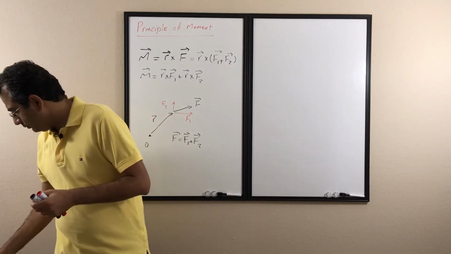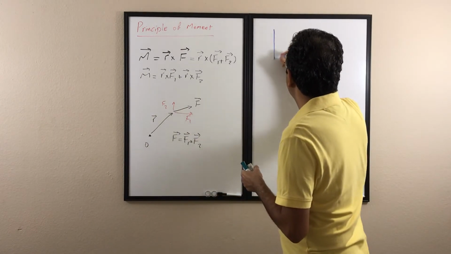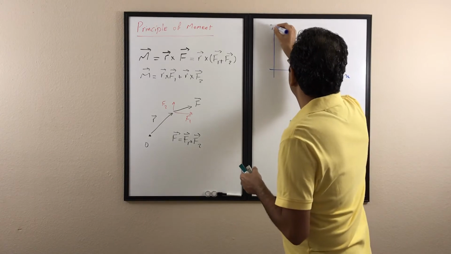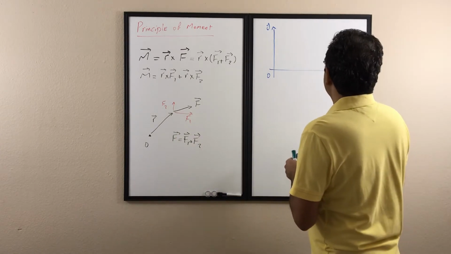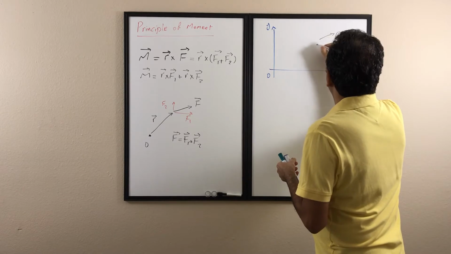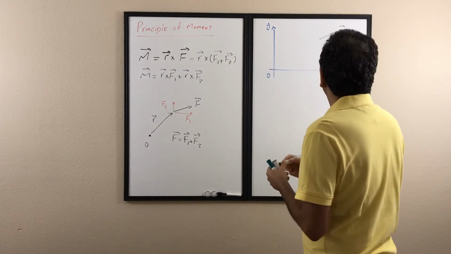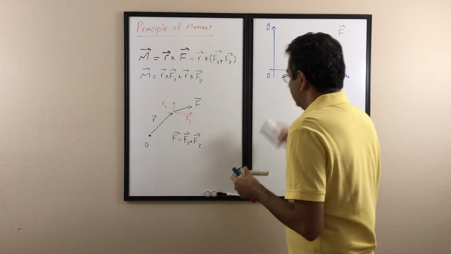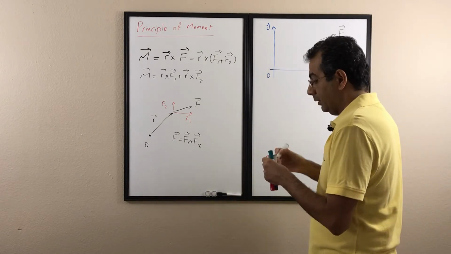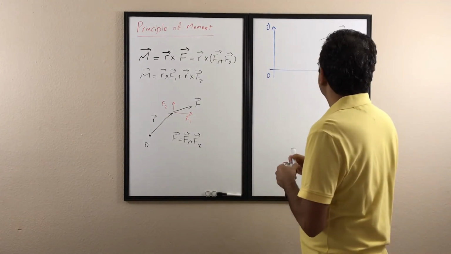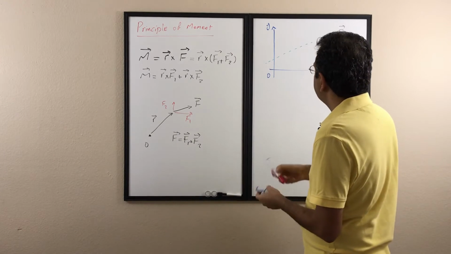So for example, if you have a 2D, so assume it's X and Y, and the point O, and I have a force F, and I want to find the moment of force F about point O. The initial method that we learned was to extend the line of action and find the normal distance from the point to the line of action.